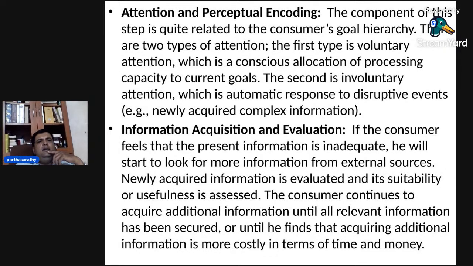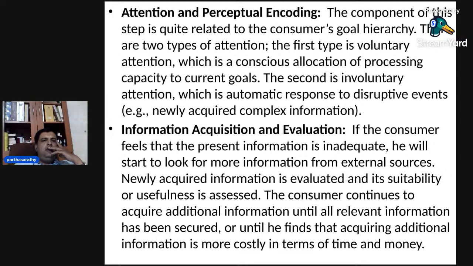Next is attention and perceptual encoding. After the motivation is properly done, next it goes for perceptual attention and perceptual encoding. The component of this step is quite related to customer goal hierarchy. There are two types of attention. The first type is voluntary attention, which is conscious allocation of processing capacity to the current goal.